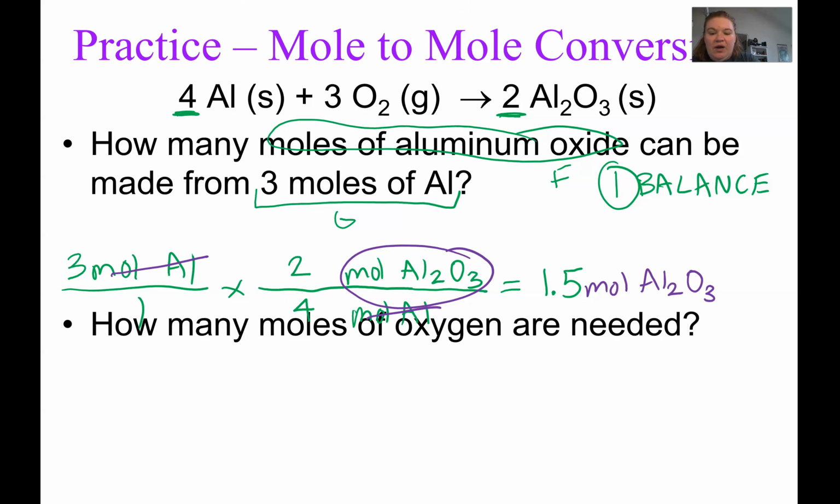So if we want to know how many moles of oxygen, that's what we're trying to find, we actually have 2 different options for our starting point. We could start with the moles of aluminum, like we did in the previous problem, or we could start with the moles of our product, the 1.5 moles of aluminum oxide. Either one would give us the same answer. So I'm going to start with my 3 moles of aluminum.